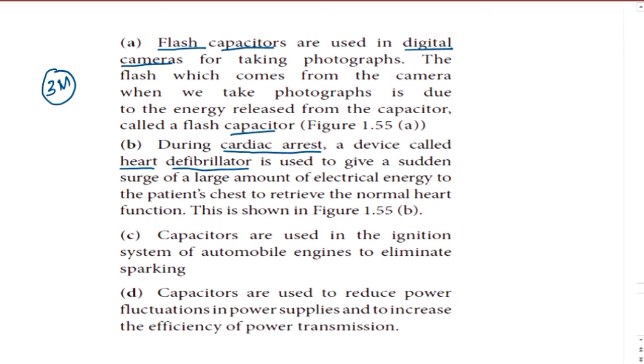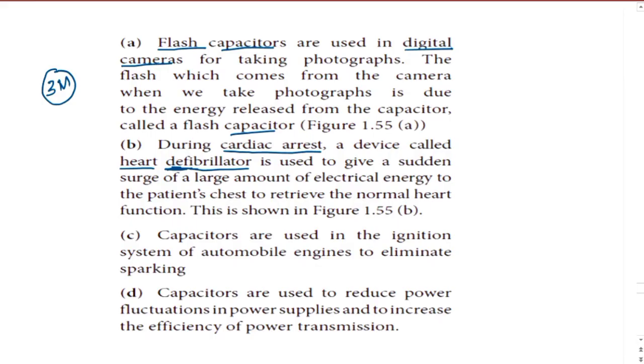In one frame, after an electric shock, Shivaji went into a coma, and using the heart defibrillator he recovered to the normal stage.